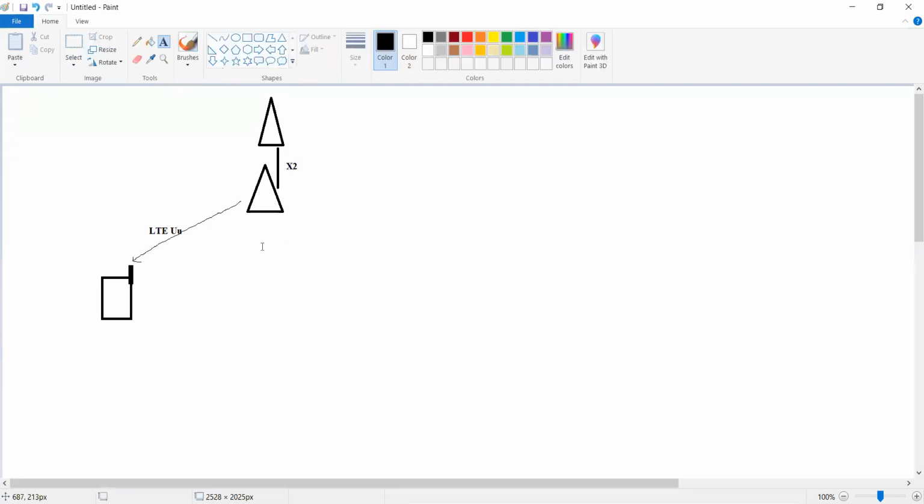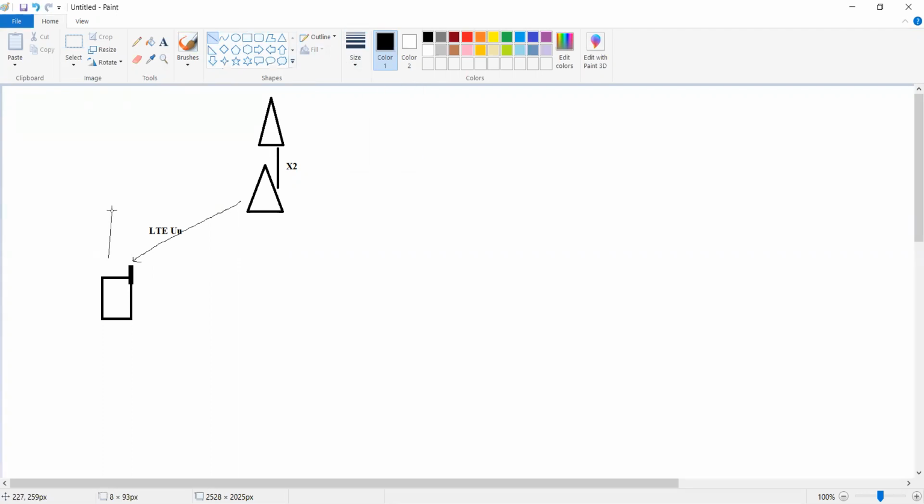Whenever you bring up or deploy an eNode B in the field, there will be multiple eNode Bs for a particular operator, and they will give internal connections. They will define an X2 link between each eNode B, so that communication between one eNode B and another can happen. This is very useful in case of handover. Suppose this UE is moving from this direction to this direction.